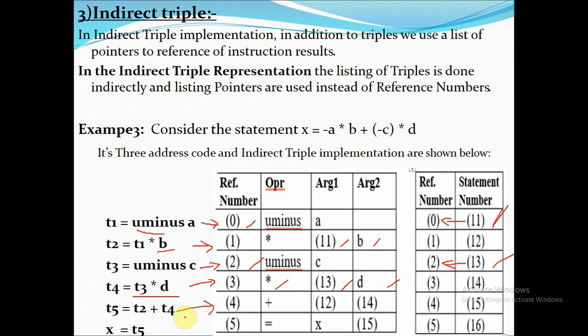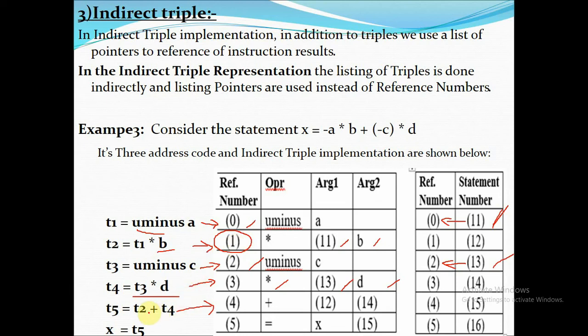Next one, T5 = T2 + T4. Here T2 is T1 * B. What is T1? T1 means -A * B. So the result of -A * B is represented by index 1, that is T2.